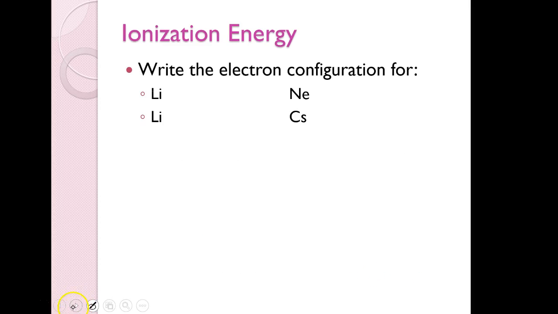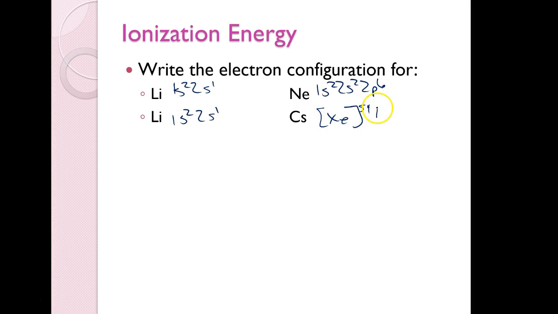Alright, so electron configurations. This is 1s2 2s1, 1s2 2s2 2p6, 1s2 2s1, and this is xenon, 54, and then 6s1. So if I'm comparing just these two, 1, 2, there's my outside electron. That's for lithium.